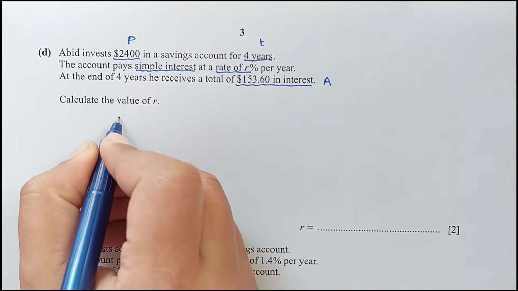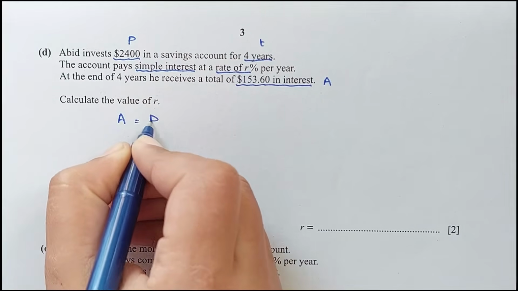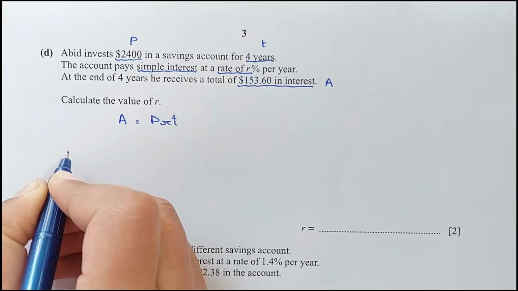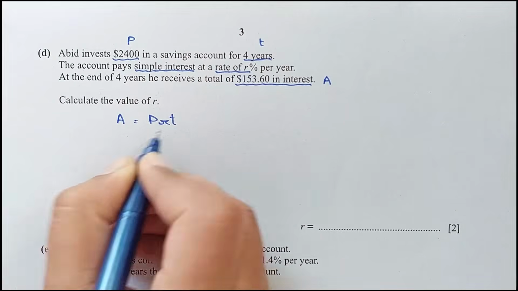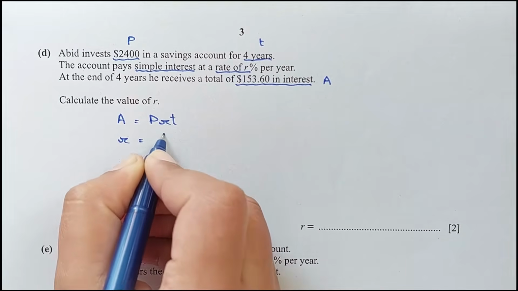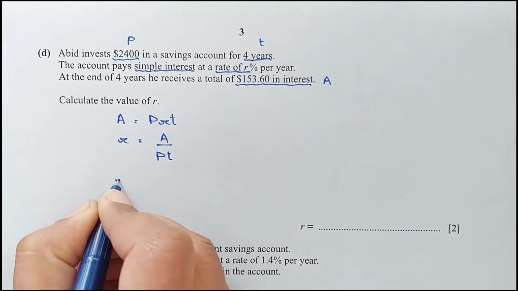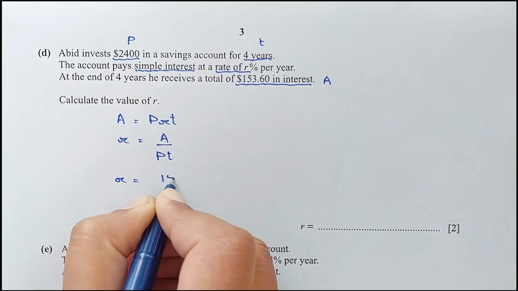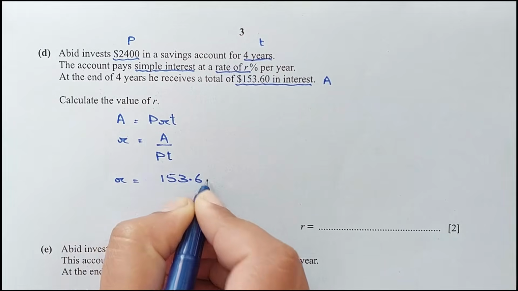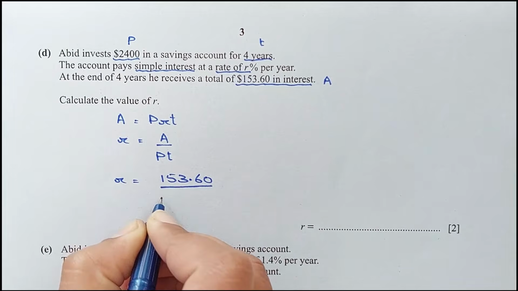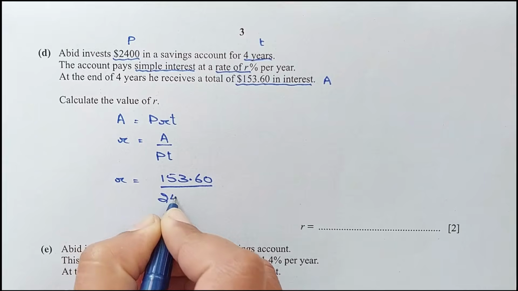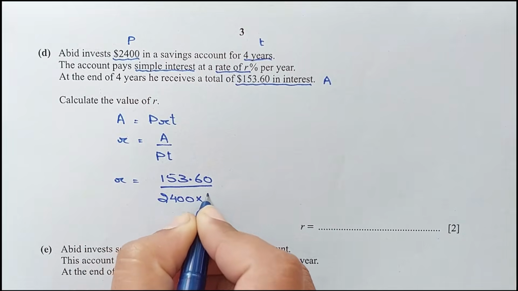So the amount of interest is A equals PRT. We have to solve for R. So R is A over PT. R is 153.60 over P, which is 2,400, times T, which is 4.